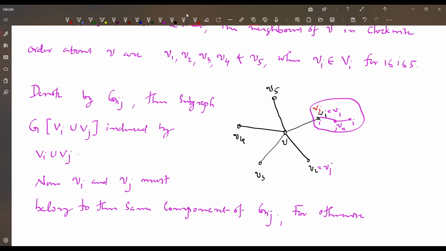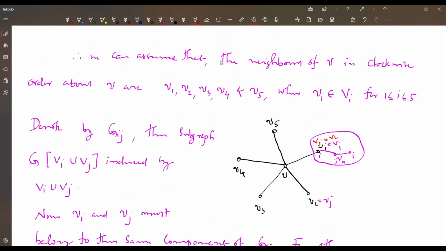Vj is V2, so this is actually V2. We have used the colors 2, 3, 4 and 5 to color the neighbors of V. This is not possible, because our assumption is that the neighbors of V in clockwise order about V are V1, V2, V3, V4 and V5, where Vi belongs to Vi for 1 less than or equal to i less than or equal to 5.